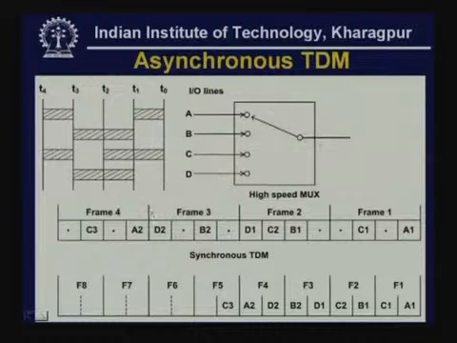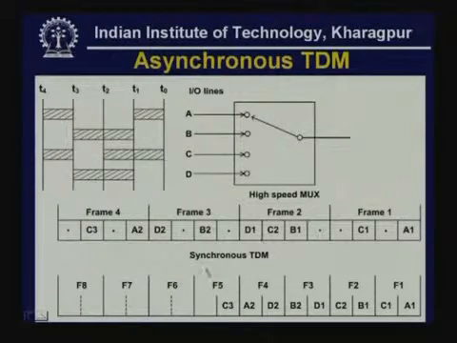On the other hand, in frame 3, as you can see, we have data from source B and source D. So, slots allocated to source B and source D are filled up, the other slots remain empty. Similarly, in the fourth frame, the slot corresponding to source A is filled up, the slot corresponding to C is filled up. On the other hand, the other 2 slots remain empty.